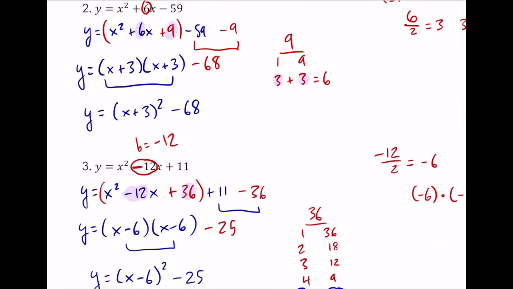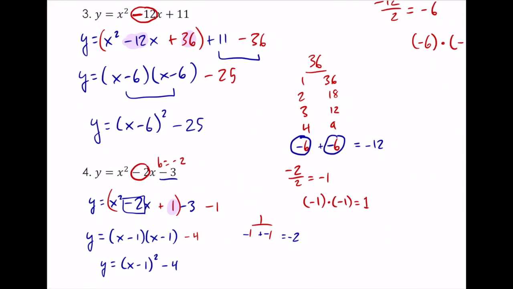On question 2, I have a positive 3 and a negative 68. So when I want to write my vertex, I want to do the opposite of the 3. So if this is positive 3, you want to say it's negative 3. And that last number, we want to keep it the same. So if it's negative 68, we're going to write negative 68.